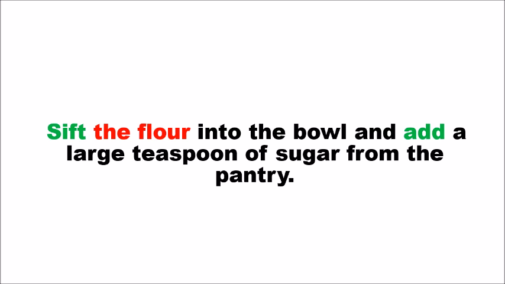When we look at the next one, add, what is the thing that is being added? Now this is where we get a little bit complicated, because actually the name of the thing we're adding is quite long. A large teaspoon of sugar from the pantry is in fact a noun group. So all of those words work together to form the participant for this sentence.